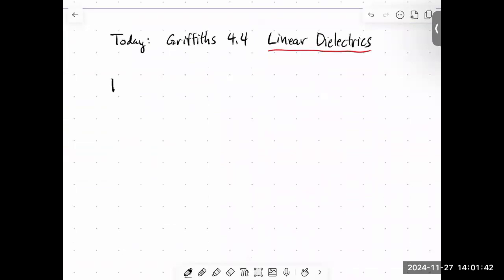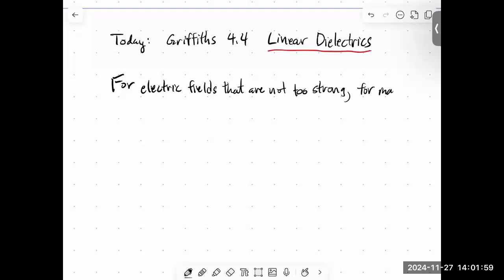So for electric fields that are not too strong, for many materials, we find that the polarization is just proportional to the electric field.